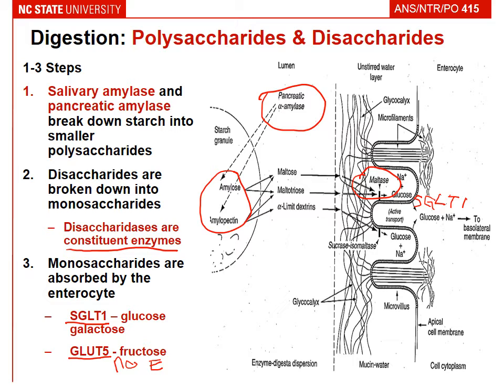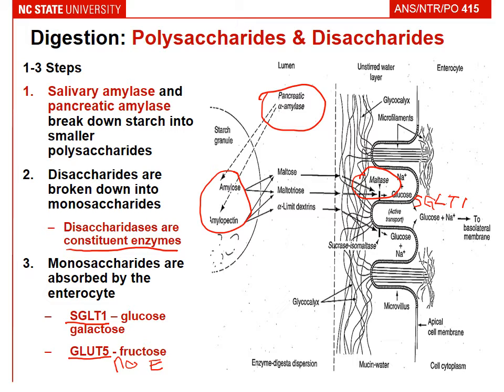So we have our disaccharidases. Maltase is the main one when we're discussing starch specifically, but there are many other different types of polysaccharides and disaccharides. So we're going to have maltase, sucrase, lactase, all are constitutively expressed on the microvilli.